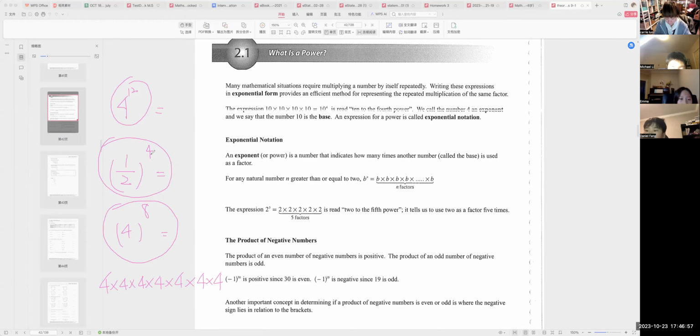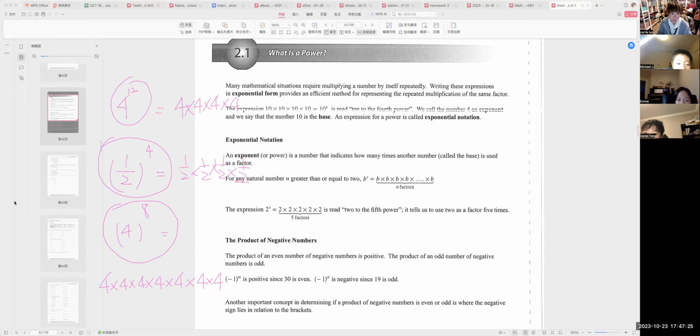The half times itself 4 times. Very good. Okay, last but not least, Daniel, can you tell me 4 to the 12th power means what? 4 times itself by 12, 12 times. Correct. Very good.